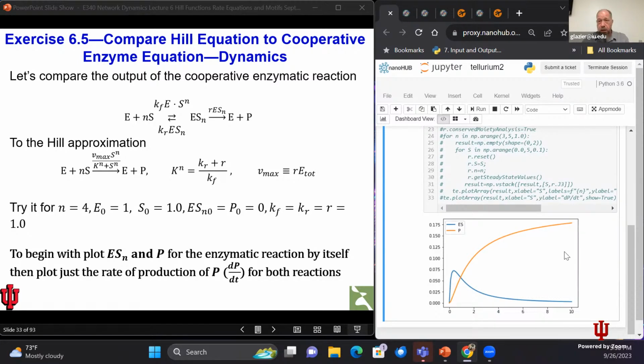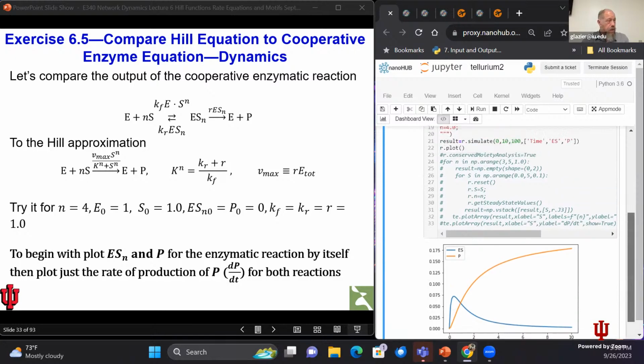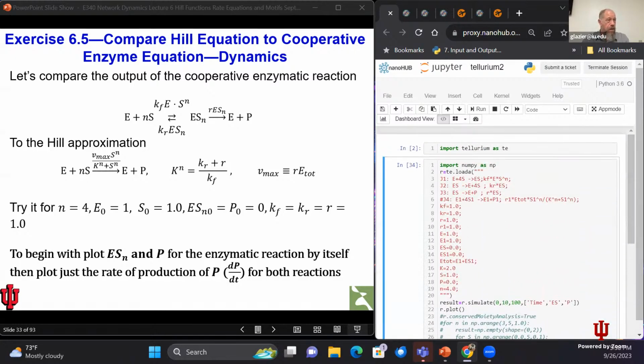So this is the enzymatic reaction by itself. And now let me plot the other one, and make sure that that's working all right. I didn't set S1, so I need to set S1. And E1, I set there, okay.